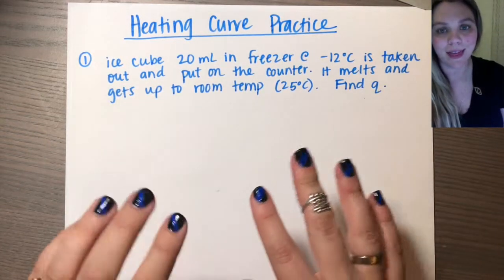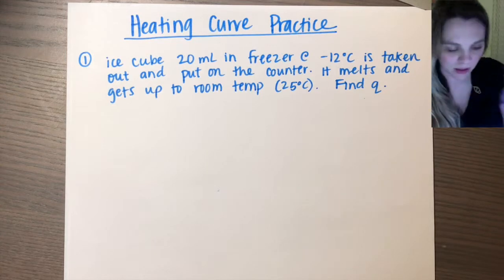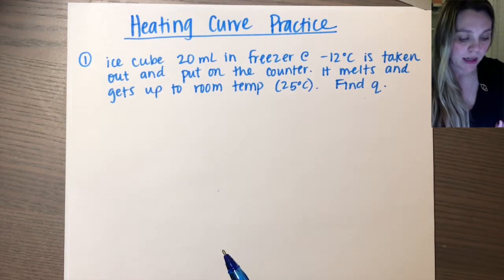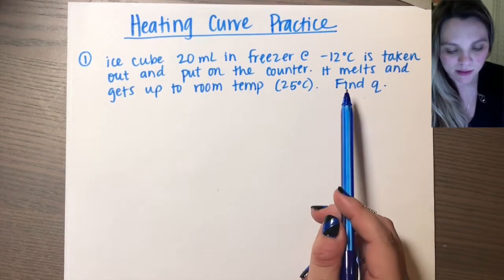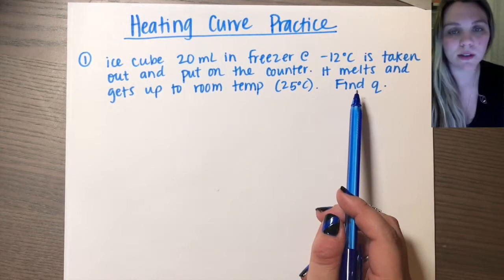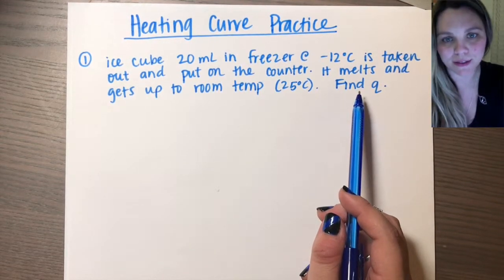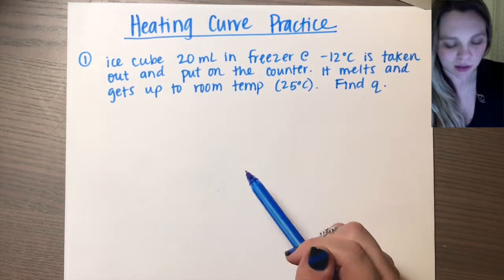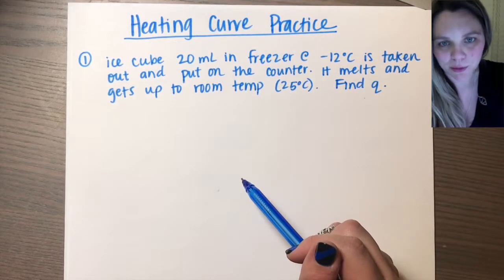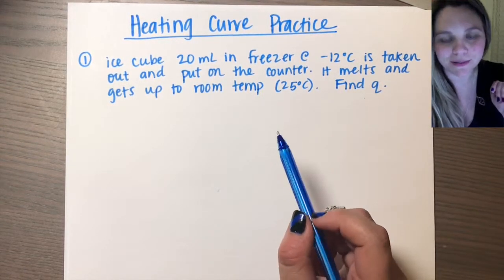Okay, so this one's real basic. All right, so an ice cube that is 20 milliliters is in the freezer at negative 12 degrees Celsius, and it is taken out of the freezer and put on the counter and it melts. We would all know that if you took an ice cube out of the freezer and left it on the counter, that thing would melt. Then you have a nice puddle on your counter. Congrats.